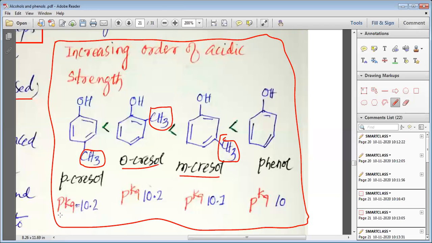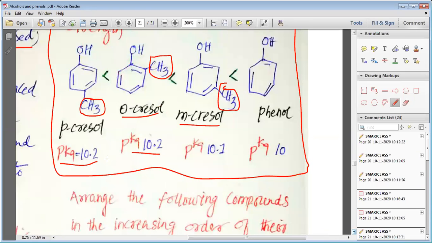By looking at the pKa value, we know that more is the pKa value, weak is the acid. So pKa value for paracresol, my dear students, is 10.2. pKa value for orthocresol is even 10.2. pKa value for metacresol is 10.1, and pKa value for phenol is 10.